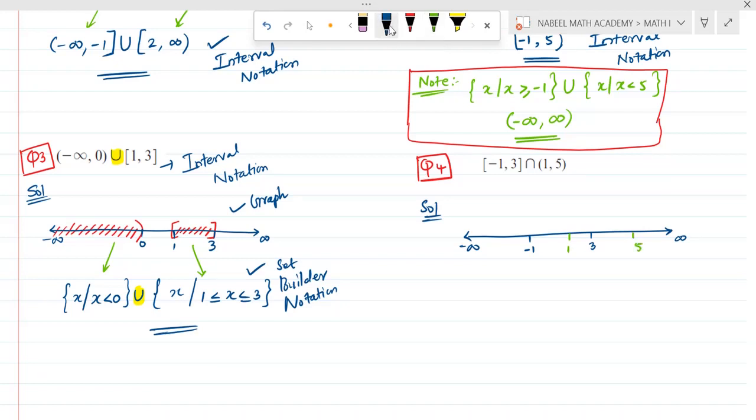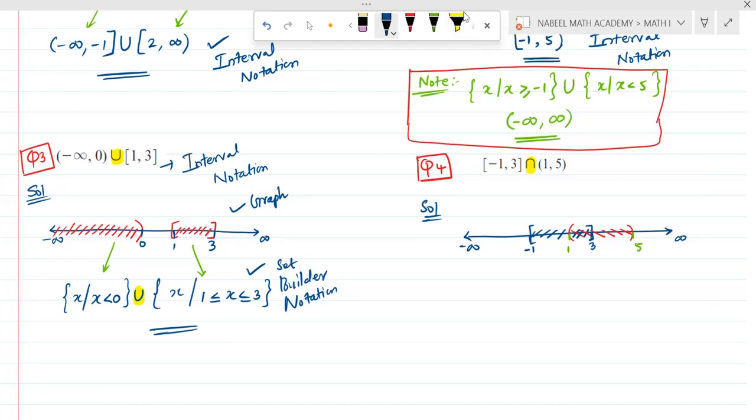So the first one is minus 1 comma 3, both closed. And the next one is 1 and 5, both open. So what is the question asking here? This is the intersection. Intersection means common.